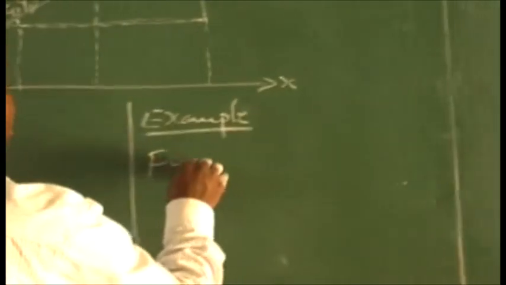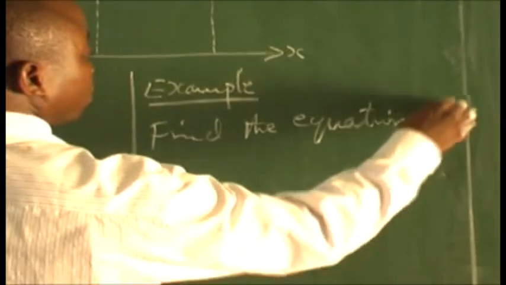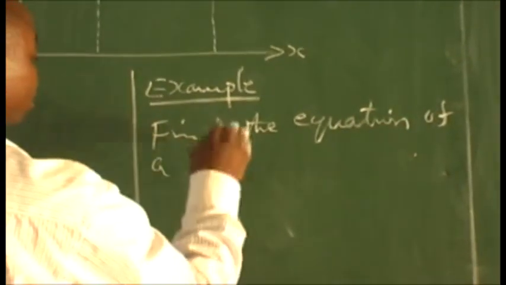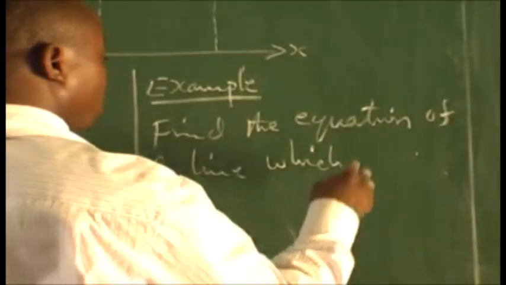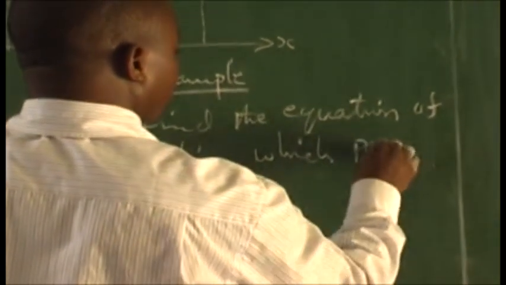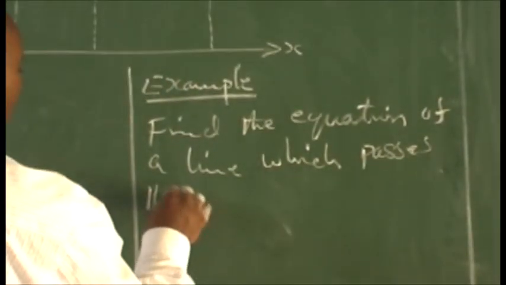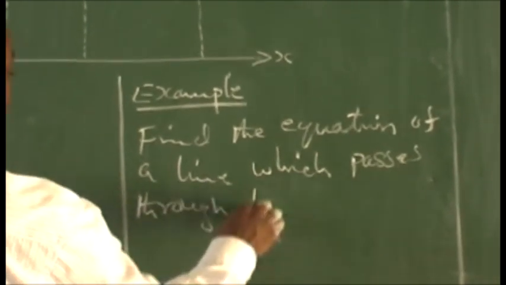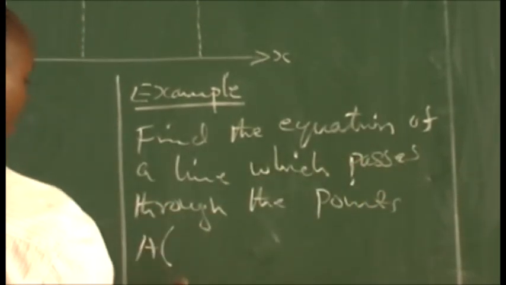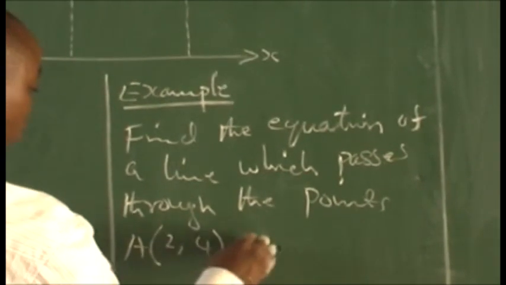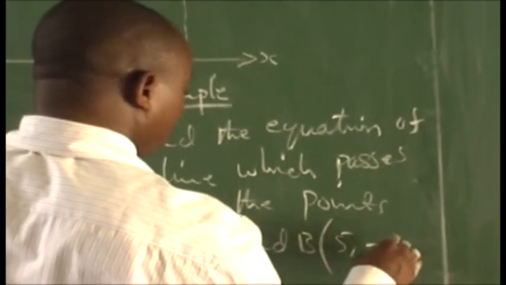Now, we are going to find the equation of a line which passes through the points A, which is 2 and 4, and point B, which is 5 and minus 3.